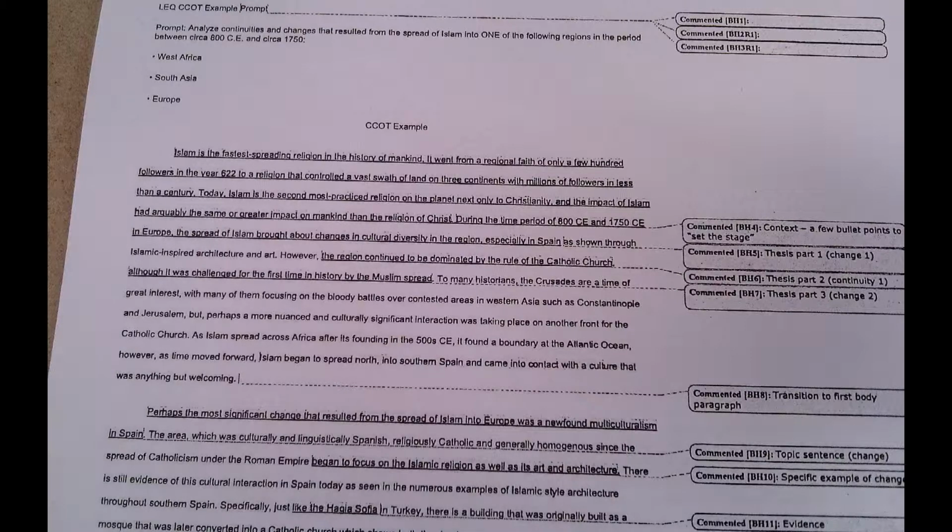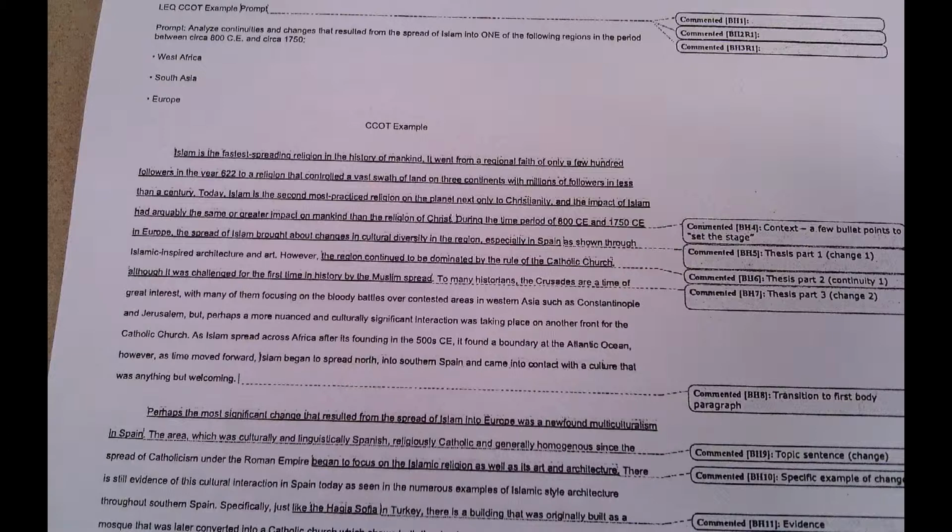I start with my thesis statement, and I think it's totally cool to start with the time period. During the time period of 800 CE to 1750 CE in Europe, the spread of Islam brought about changes in cultural diversity in the region, especially in Spain, as shown through Islamic-inspired art and architecture. However, the region continued to be dominated by the rule of the Catholic Church, although it was challenged for the first time in history by the Muslim spread.